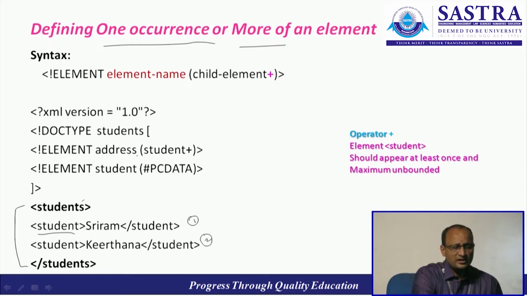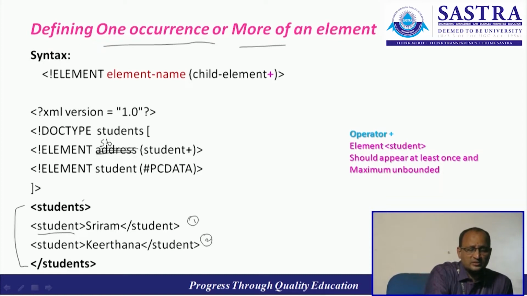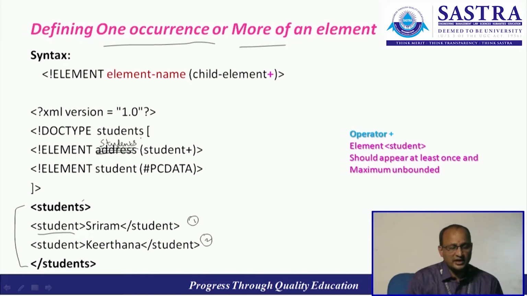In the same way, students is a root tag, and this I have mentioned wrongly. What should be here? It should be the same, students. It's a students element which is carrying only one child, and it is repeated at least once, and it may be repeated more than once.